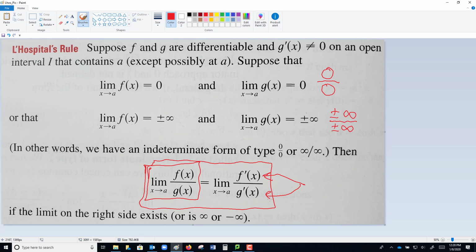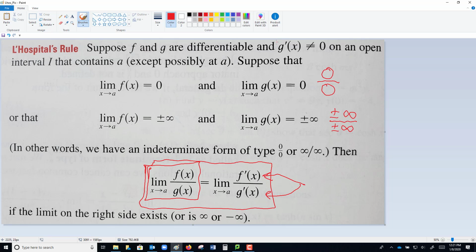We're not taking a derivative of a quotient function or a rational function. We're taking derivatives of the individual parts of that fraction. So you take the derivative of the top and put that back on top, and same thing, you take a derivative of the bottom and put that back on bottom. And if that limit exists, then that is your limit of the original expression.